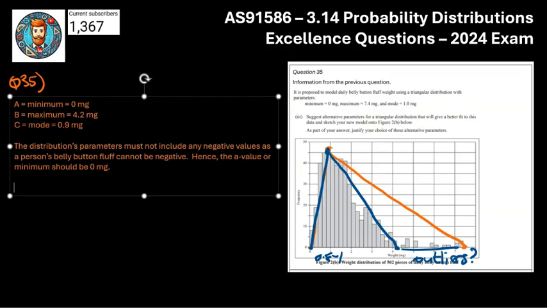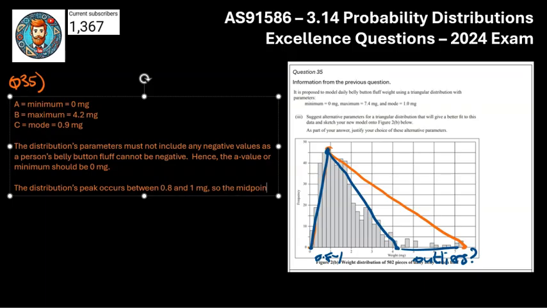The next one is also going to be pretty easy to justify, the midpoint of 0.8 and 1 for B. So let's start talking about that. So the distribution's peak occurs between 0.8 and 1 milligrams.